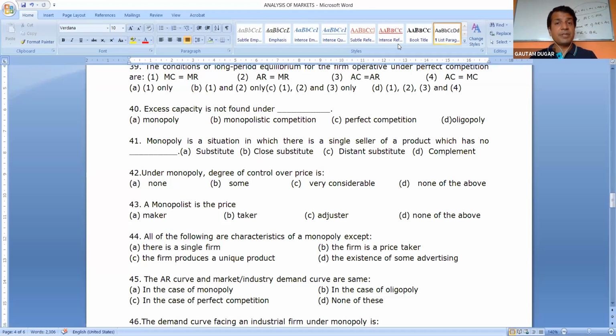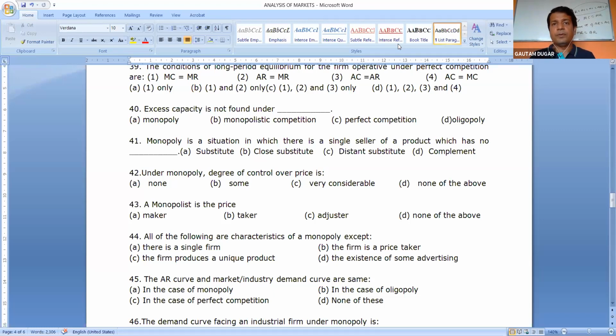So excess capacity is never found under perfect competition, because in perfect competition, every firm is operating at the optimum level of output. Only then is profit maximized. So, got the point. For 40, the answer is C.